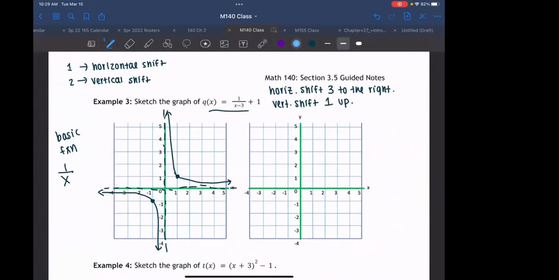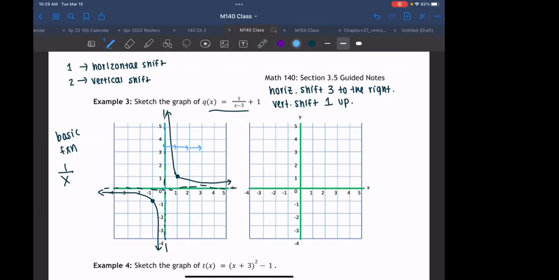Start with the asymptotes here. Okay, so we got our vertical asymptote here, the y-axis. It says move it 3 to the right. Okay, that's easy. I'm going to move it 1, 2, 3 to the right. Now, can I shift it up? Does it really matter if I shift it up? Why not? Yeah, it goes all the way up, right? So if I move our line up 1, it's not going to do anything.